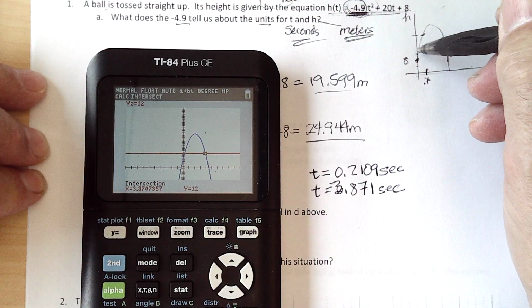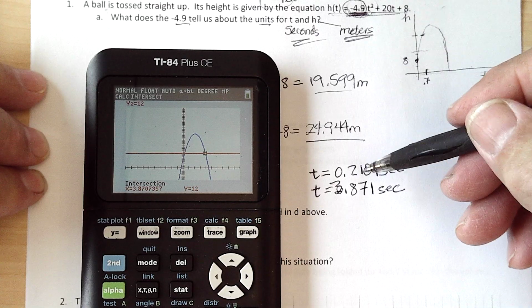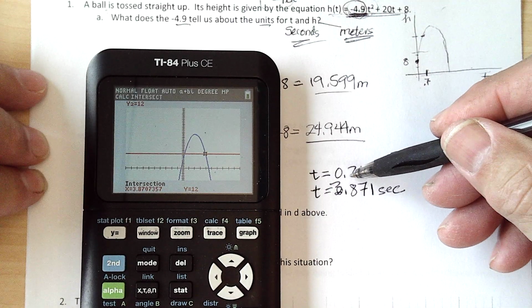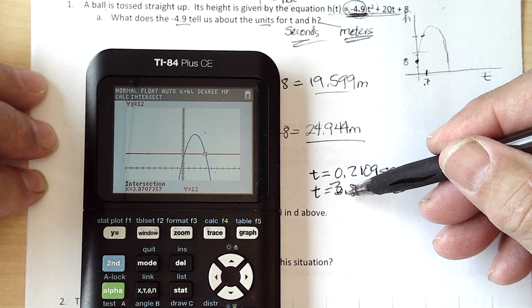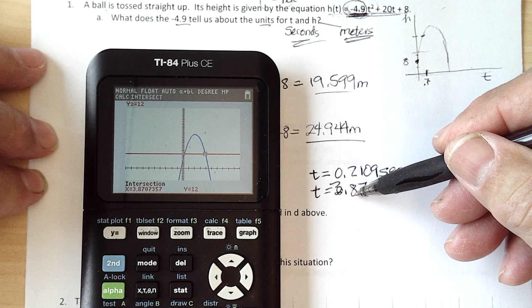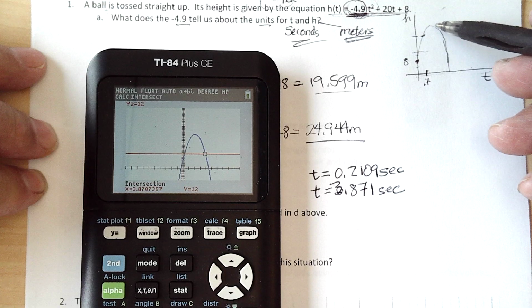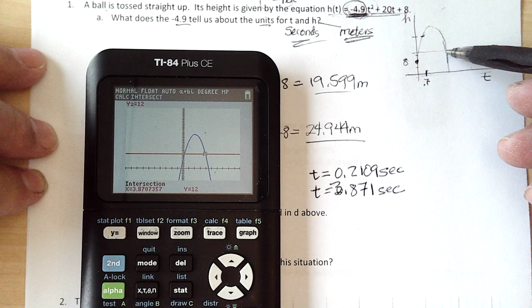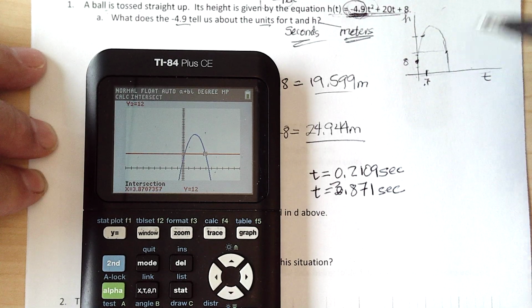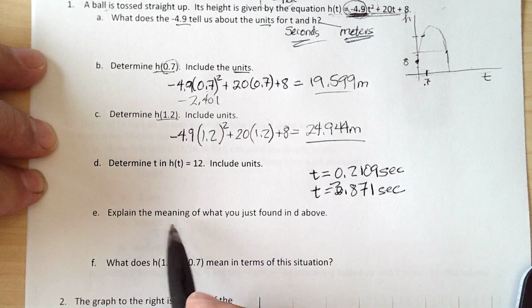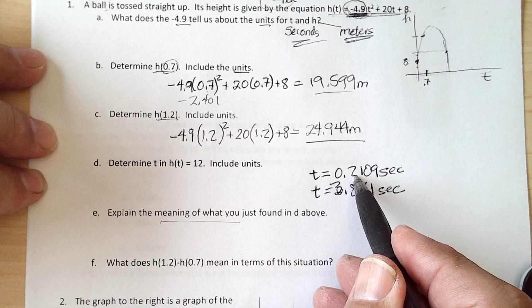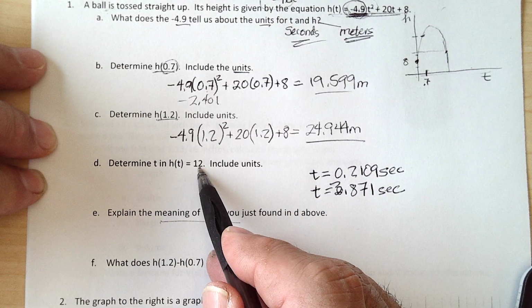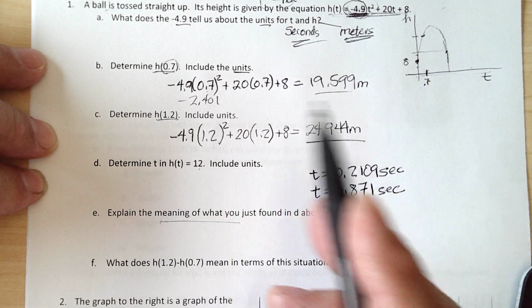So it gets to a height of 12 pretty soon after it's thrown, 2/10 of a second later, and then 3.8 seconds after it was thrown, it gets back to 12. So explain the meaning of what you just found. This is the time it takes to get to a height of 12 meters.